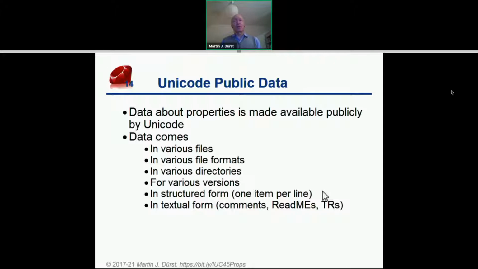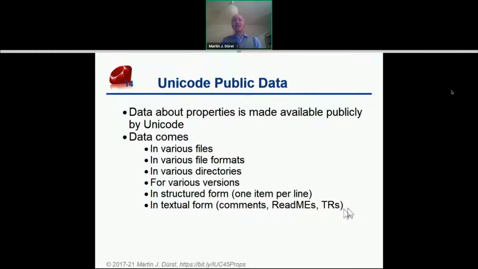They're in structured form. Usually it's one item per line, so it's a very simple structure, but still there's quite some details there. And then there's also some textual data. The files contain comments, and sometimes the comments are actually quite relevant. There are also README files.